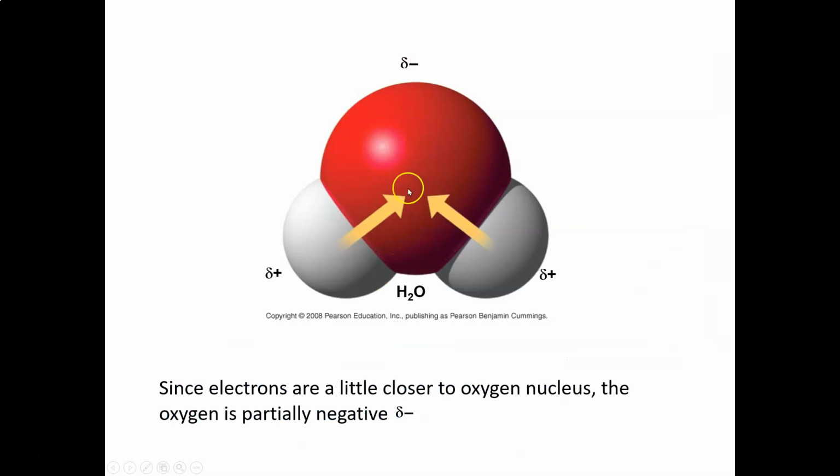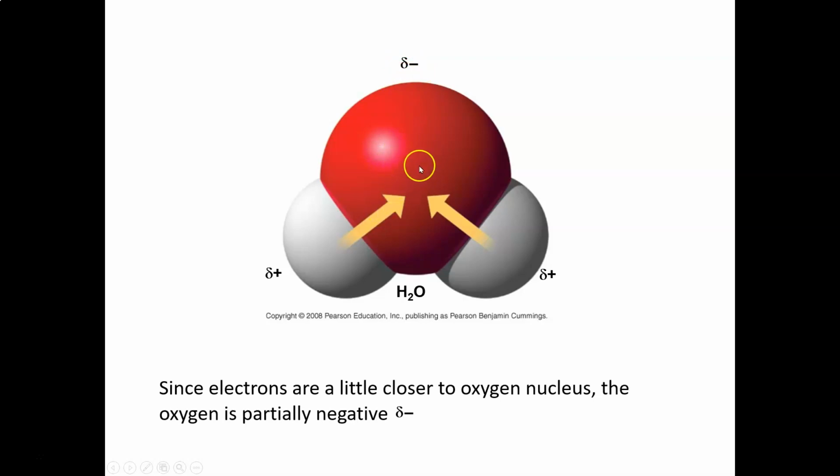Now, the way you represent that with kind of shorthand notation is these little Greek symbols, deltas, right? So these little kind of weird looking S things, right? It means small. And so you can just write negative or positive, that's fine. And we write negative here because remember, this is the water molecule, right?